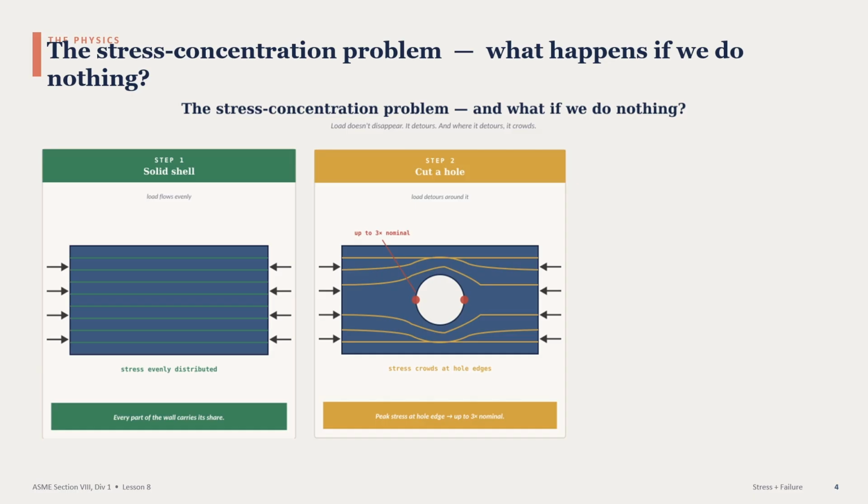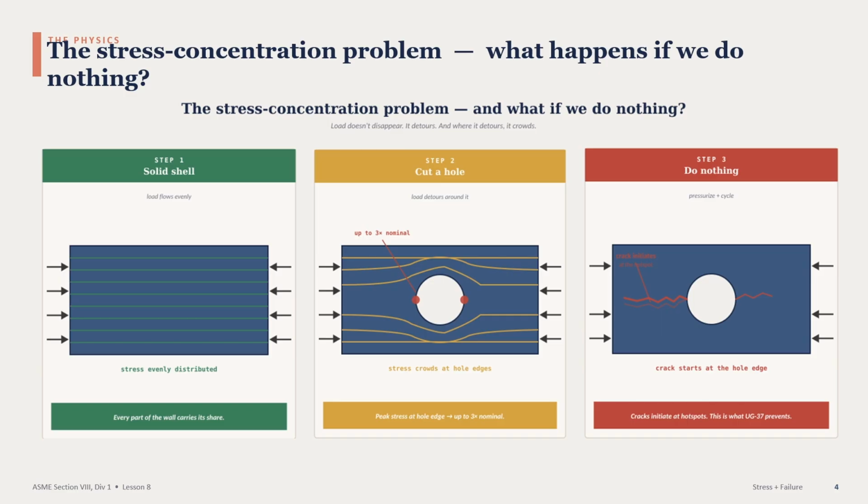And where lines crowd, stress crowds. The peak stress right at the hole edge can reach 3 times the nominal wall stress. 3 times. Those red dots on either side are the hot spots.